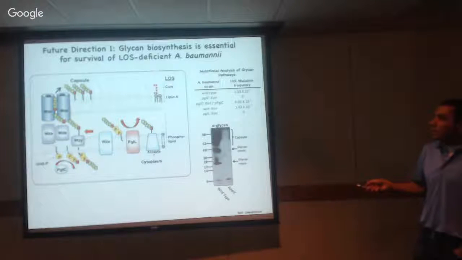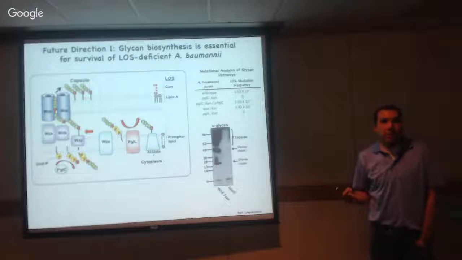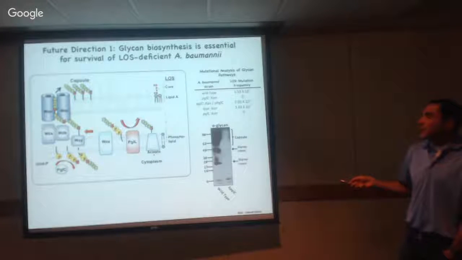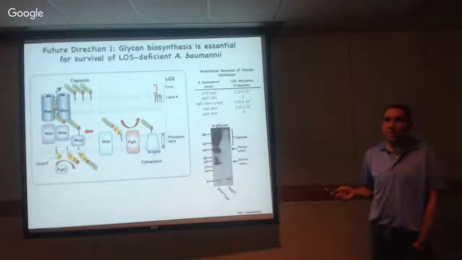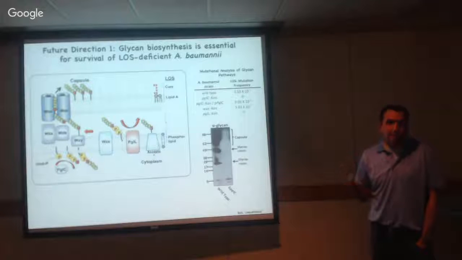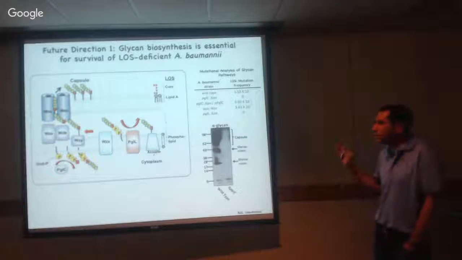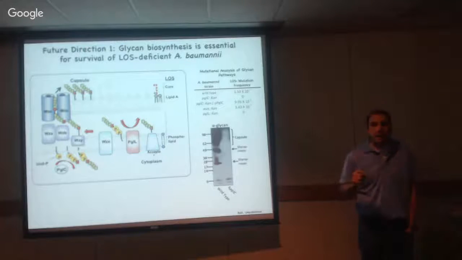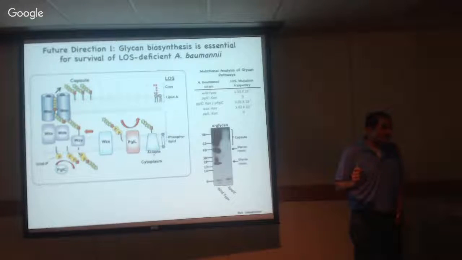When I knock out the gene encoding this protein, I can still get LOS deficient mutants. So it suggests that capsule is not the important thing. However, when I knock out this protein right here, PAGL-L, that transfers the glycans onto the acceptor proteins, it seems to be essential for isolation of these LOS deficient cells. So this suggests that glycoproteins are the important component and not capsule. So, does that make sense?